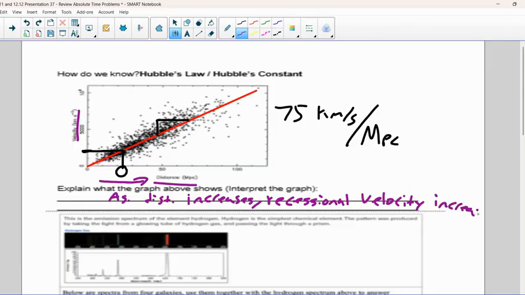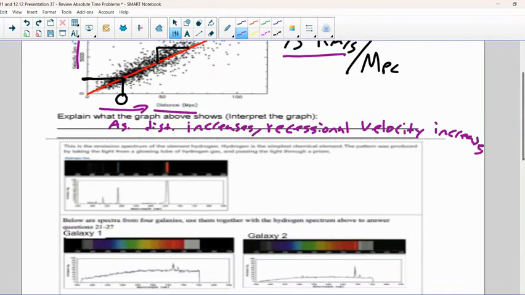So that's just saying the farther a galaxy is, the faster it's moving away from us. And that's Hubble's law. Hubble's constant is this slope that we found right there. So that's how they're related.